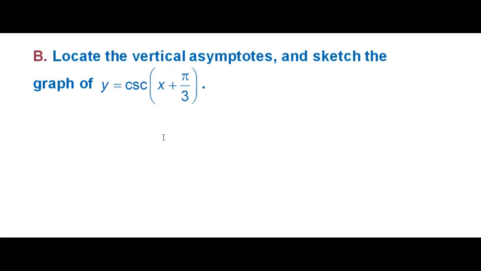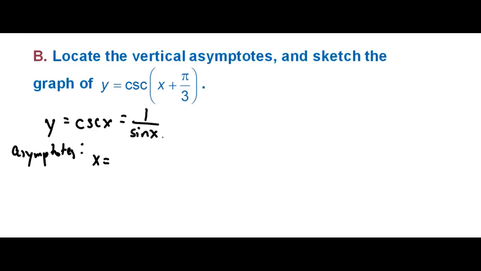So if we look at y equals cosecant of x, normally the asymptotes would occur where sine of x is 0. So we would have asymptotes at points like 0, pi, 2 pi, etc. So now if we're shifting it to the left, pi over 3, we're going to subtract pi over 3 from these asymptotes.